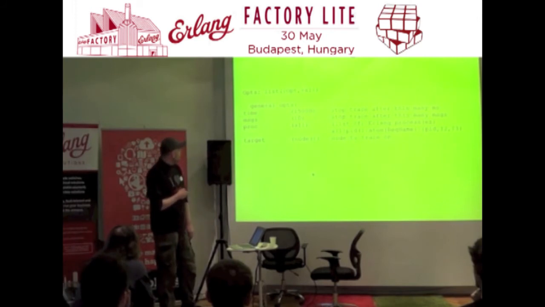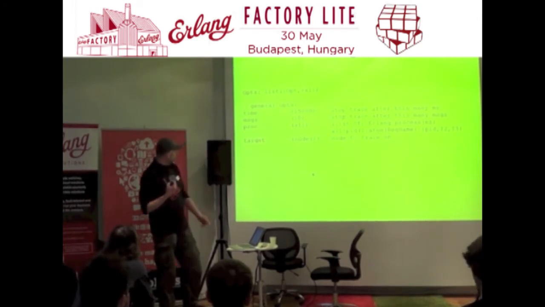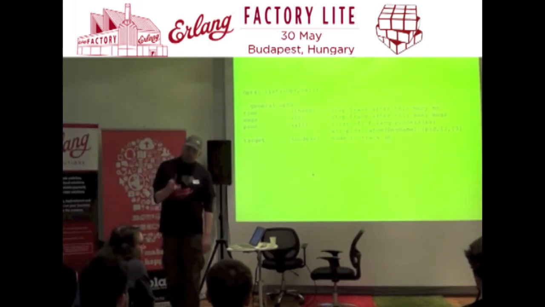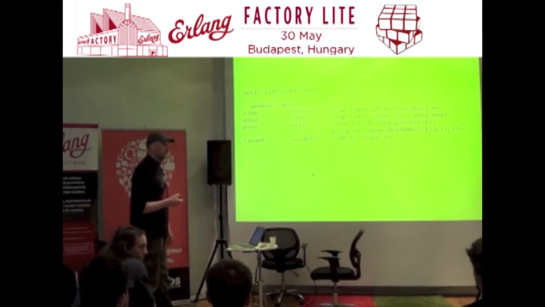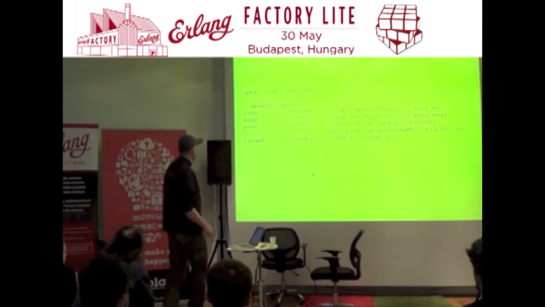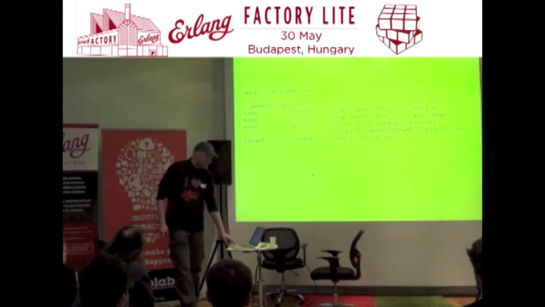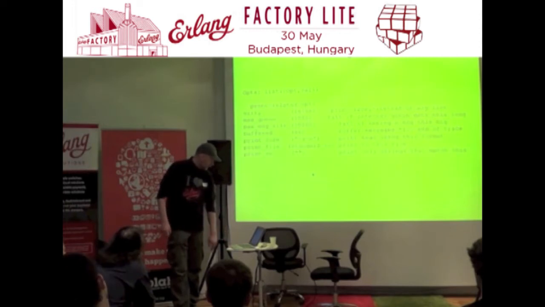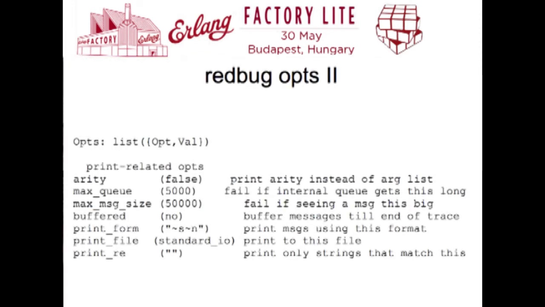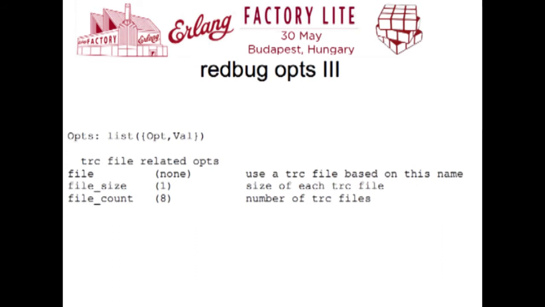You can specify which processes you want to trace, and also it's distributed, of course, so you can trace on a different node, which can be useful. You might not have access to all the nodes by all means. Some other options, and this one is a bit interesting.